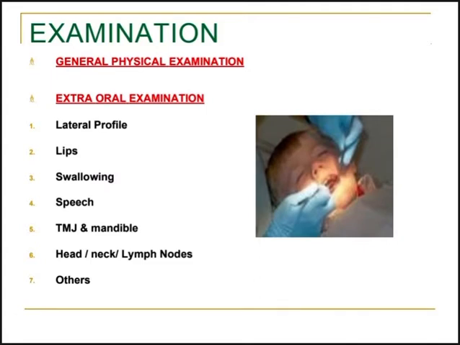You have to check the lymph nodes, the submandibular, submental, all these lymph nodes. You have to palpate them, whether they are painful on palpation or what. So all this you have to examine. This is your extraoral examination of these structures.